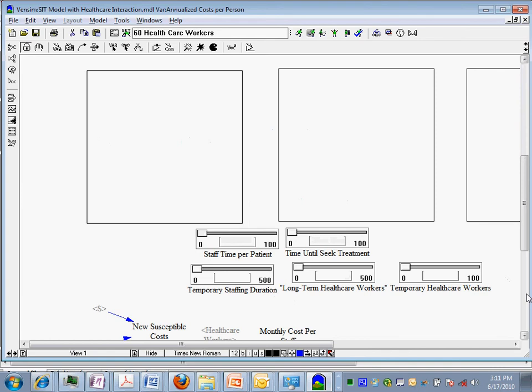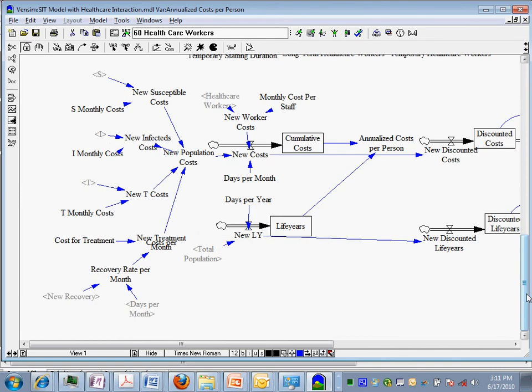A susceptible person might have a certain cost. So they go see the doctor, they make use of healthcare facilities a certain amount. And there's a certain number of those people. This is their cost per month, perhaps, and we get costs coming out of that per month for the entire susceptible population. And that's simply S times this S monthly cost per person. This is per person. Cost per person.